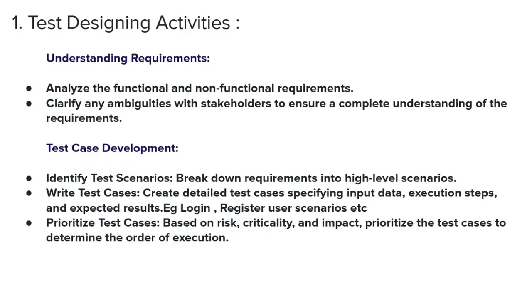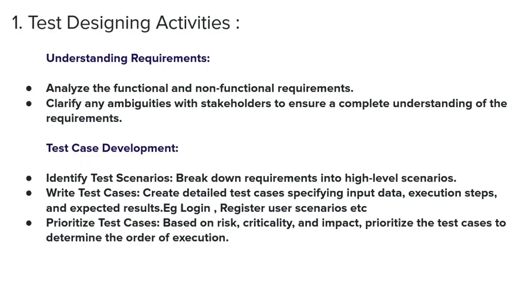What are the different activities that will be conducted during test design? The first and most important is to write the test cases. We have to identify the scenarios. For that, what will we need? We need the functional requirement document. We have to analyze all the functional and non-functional requirements.